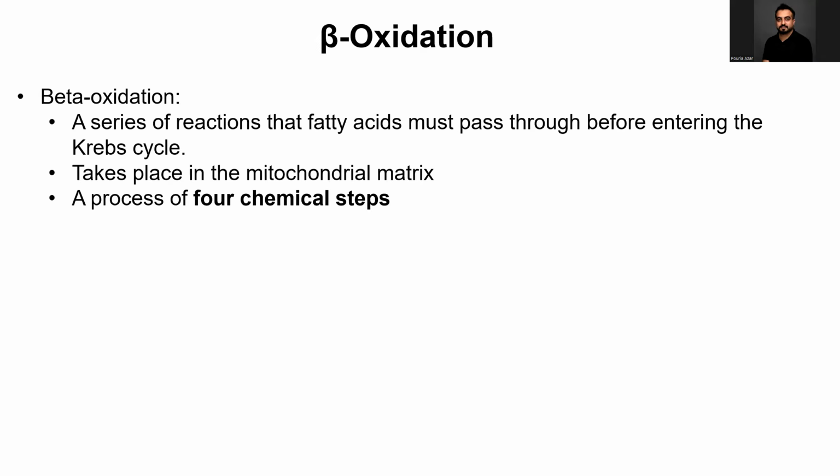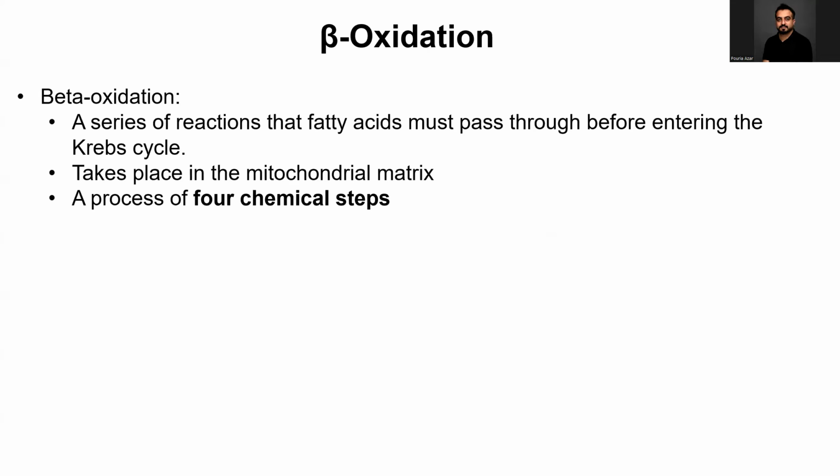But beta oxidation is the preparation process of fatty acids to enter the Krebs cycle. It is a series of reactions that takes place in the mitochondrial matrix. So unlike glycolysis, which takes place in the cytoplasm, beta oxidation takes place in the mitochondria.